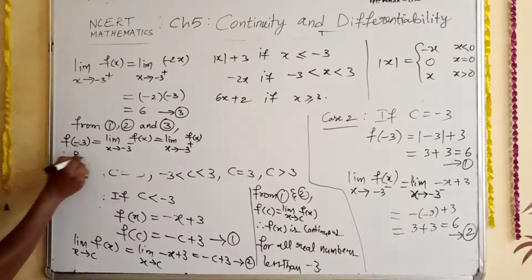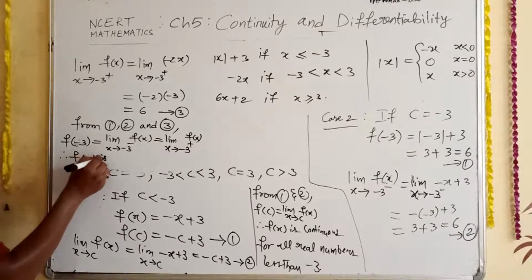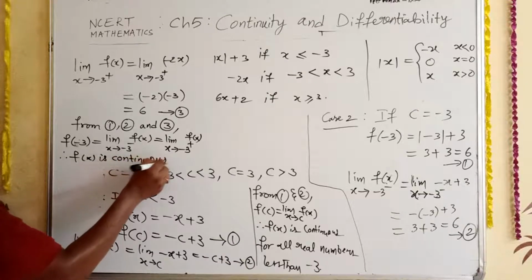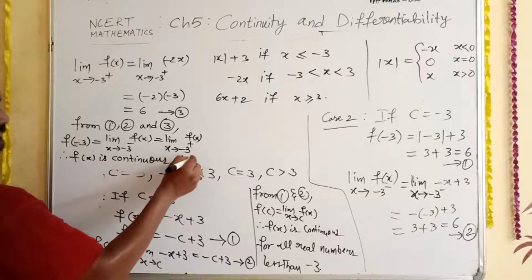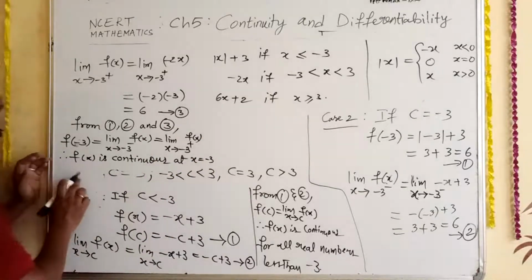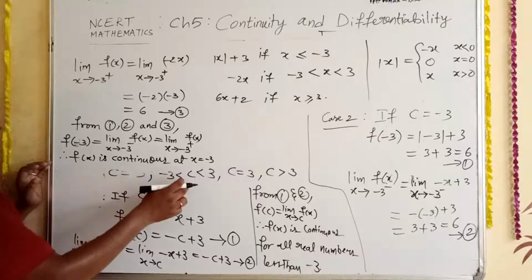Therefore, f of x is continuous at x is equal to minus 3. So case 1, case 2 finished. Now go for case 3.